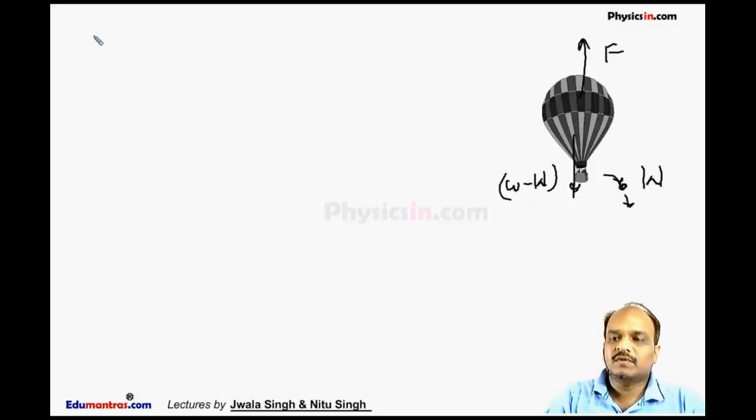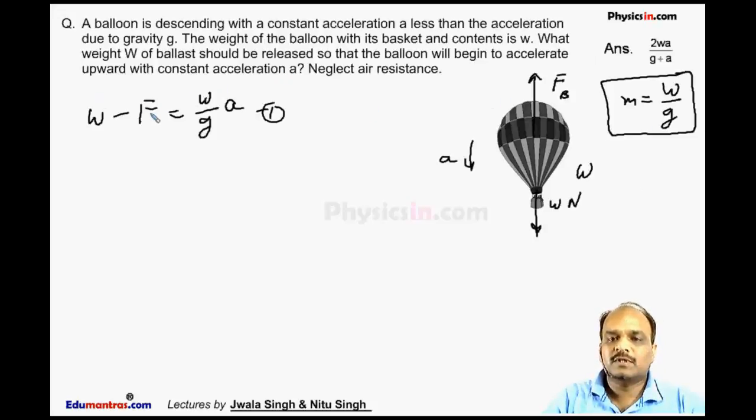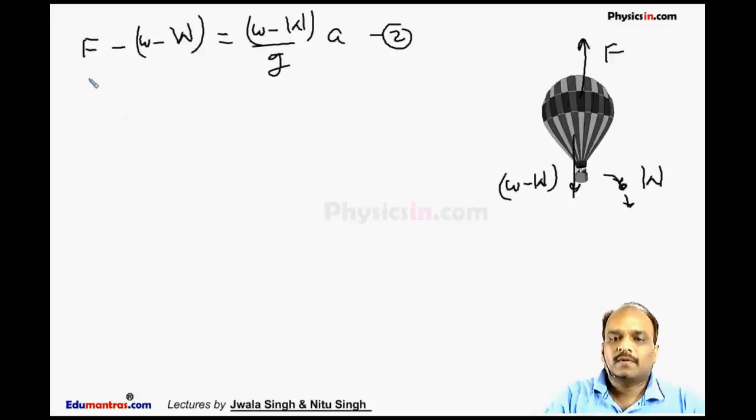So in this situation we can say F minus (W minus w) is equal to the mass of the remaining portion, (W minus w) by g, into a. This is our second equation. Now our first expression is W minus F is equal to W by g into a. This is our first equation.